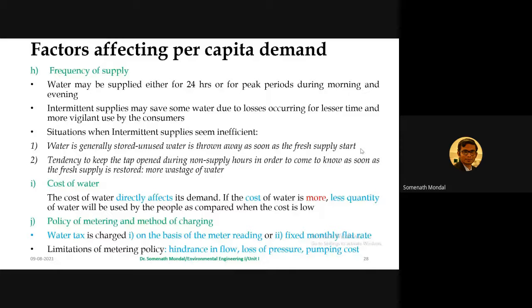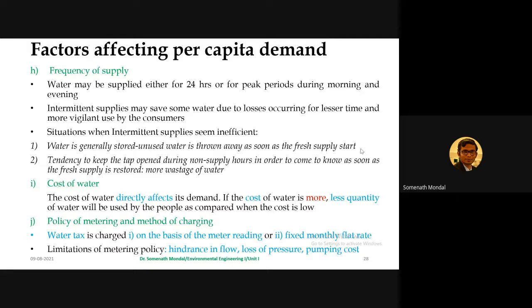And next is the policy of metering and the method of charging. So if we have a water tax and if that is significant, and if that is imposed by the municipality or government authority, then that can create some judicious utilization of the free water supply, which we usually get in most cities and towns, and these days even in villages.